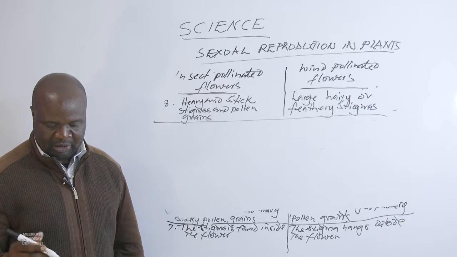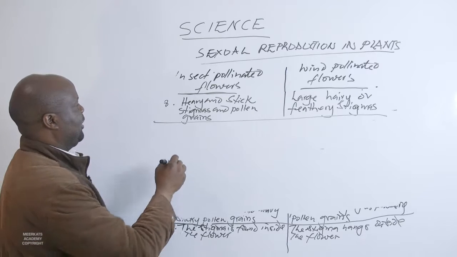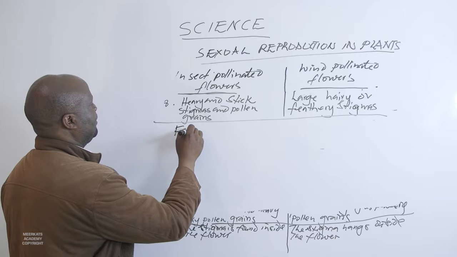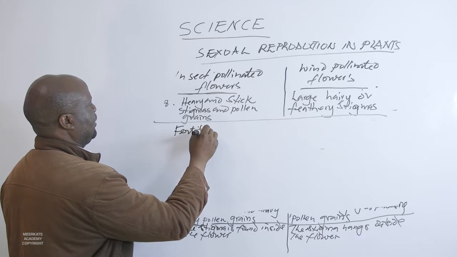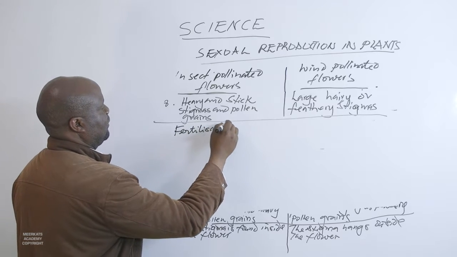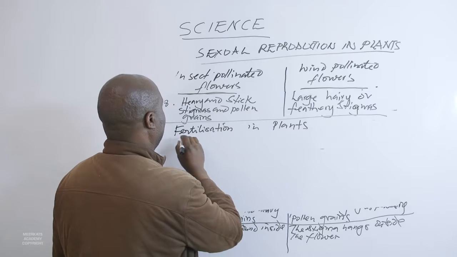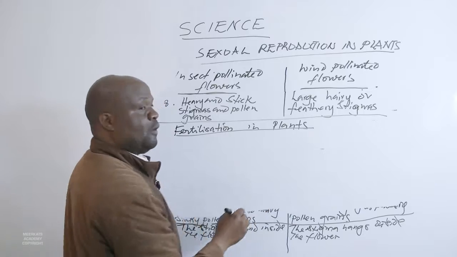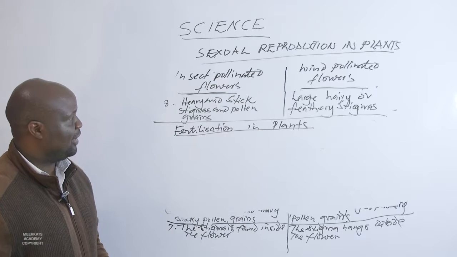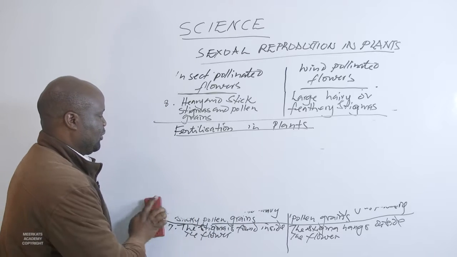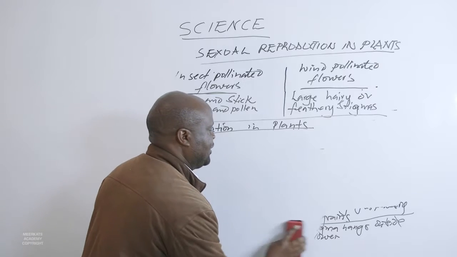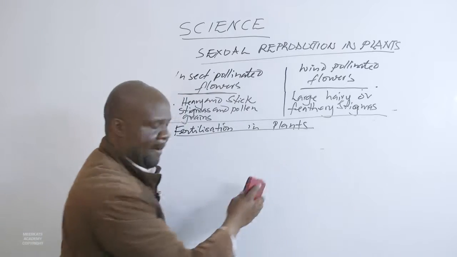Therefore, you can have the subheading Fertilization in Plants. All of these pollination activities take place so that fertilization can occur.